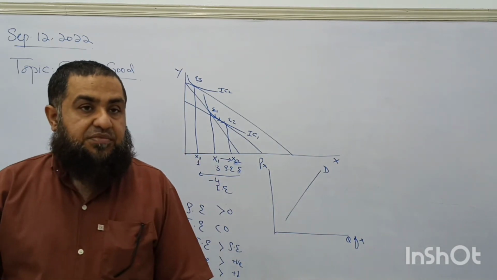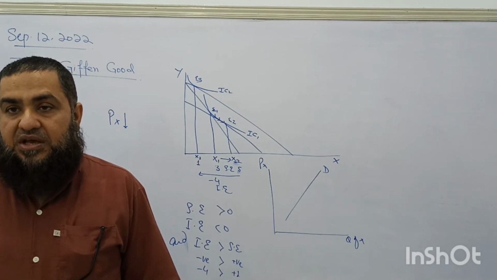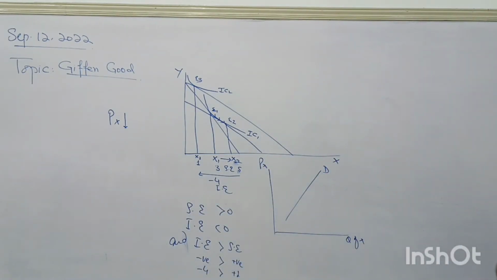So a Giffen good is basically a type of inferior good in which the income effect is negative, but this negative effect is stronger than the substitution effect. Therefore, he will finally consume less of this product.